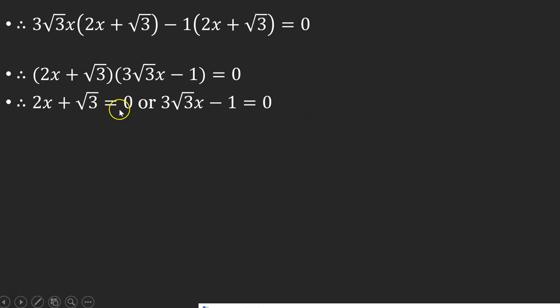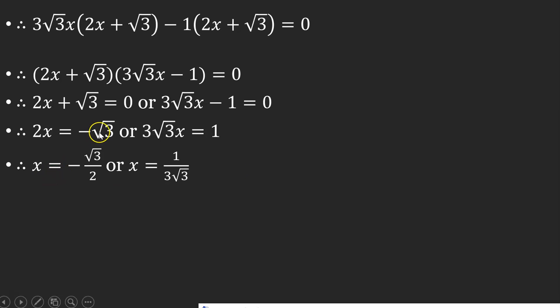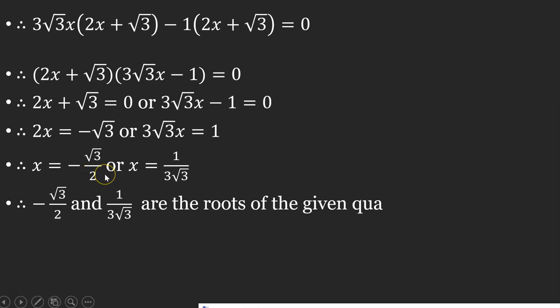Therefore 2x plus root 3 is equal to 0 or 3 root 3 x minus 1 is equal to 0, and therefore 2x is equal to minus root 3 or 3 root 3 x is equal to 1, and therefore x is equal to minus root 3 upon 2 or x is equal to 1 upon 3 root 3. These are the roots of the given quadratic equation.